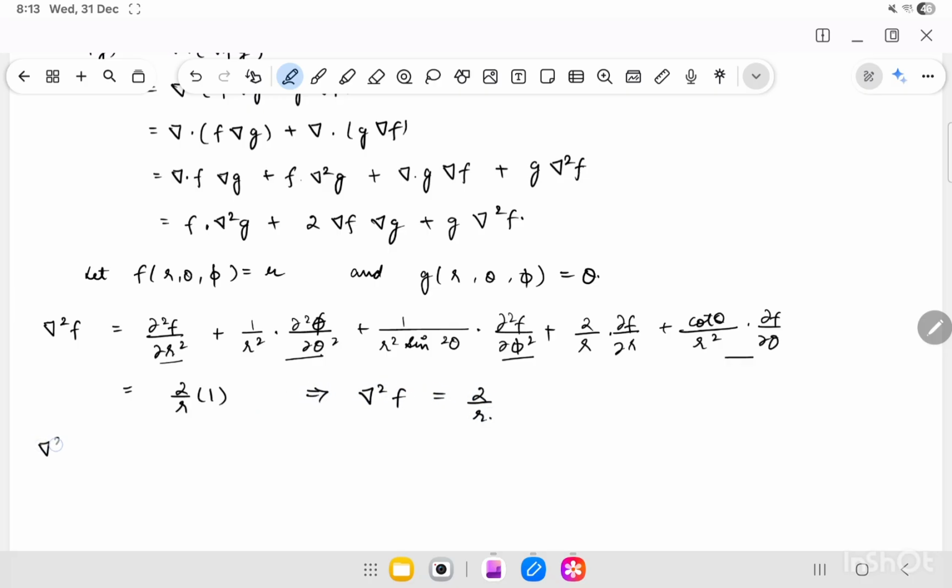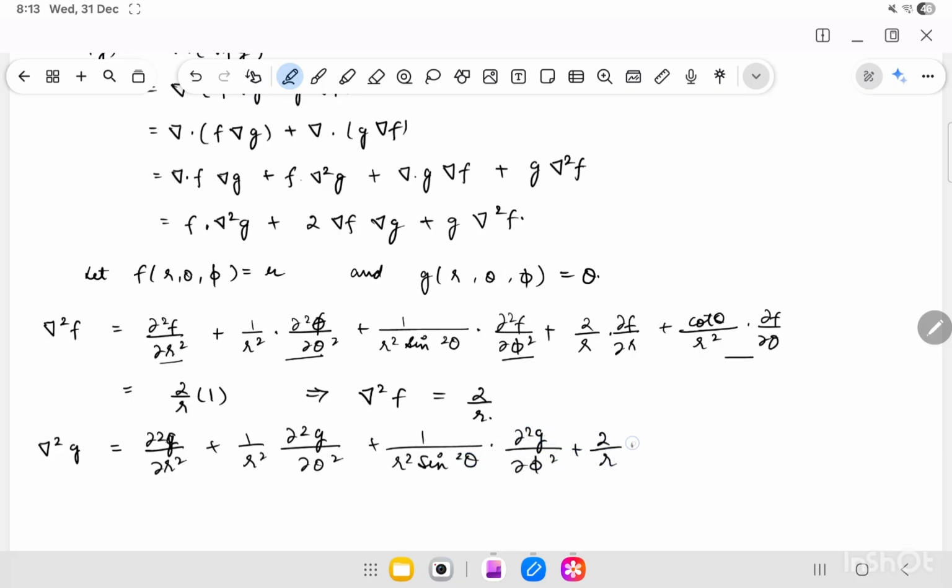Likewise, I can evaluate del square g, which will be equal to del square g by del r square plus 1 by r square del square g by del theta square plus 1 by r square sine square theta times del square g by del phi square plus 2 by r times del g by del r plus cot theta divided by r square times del g by del theta.